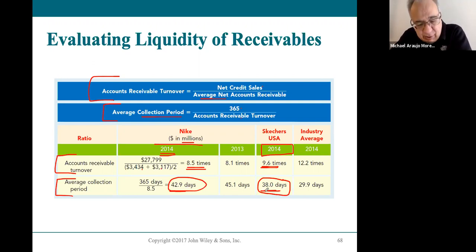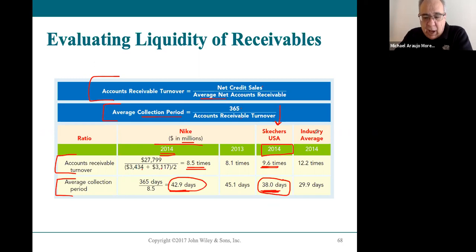So a much faster collection of money. However, it's still 38 days. And for this industry, it's usually a 30-day receivable window. So 38 days is better than 43 days, but it is still a little sketchy to me.